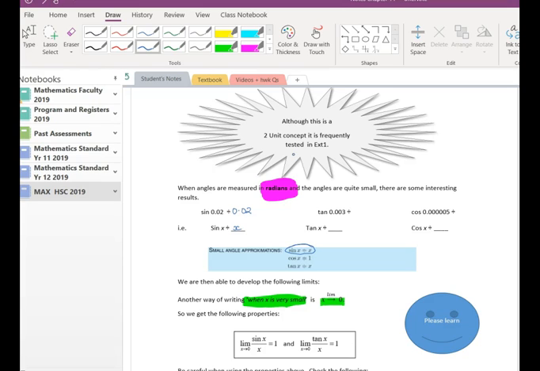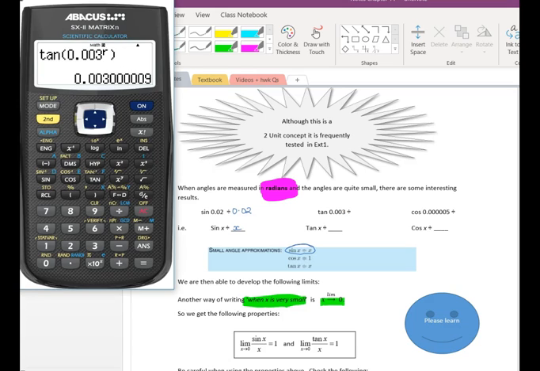There's a similar observation when we look at tan of a very, very small number. And as you can see there on the calculator, that tan of 0.003 radians is 0.003000.